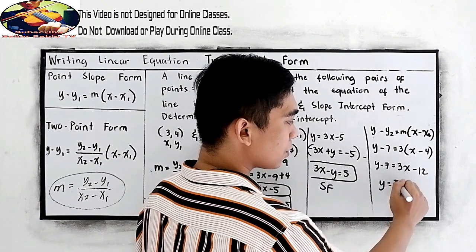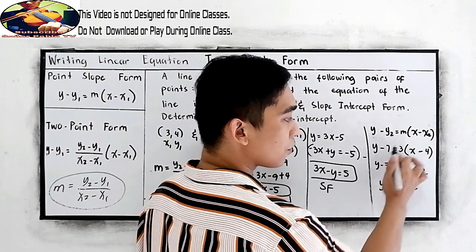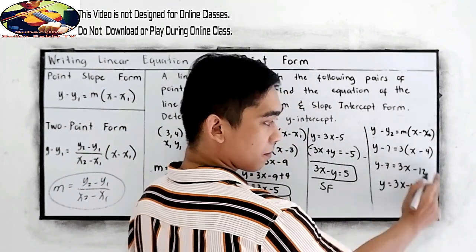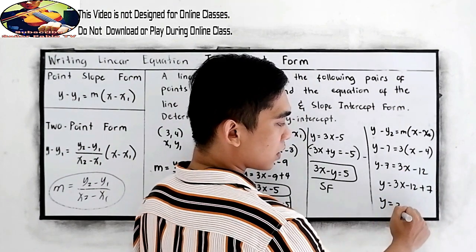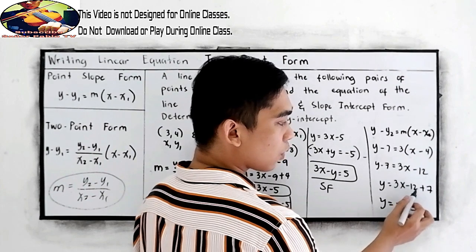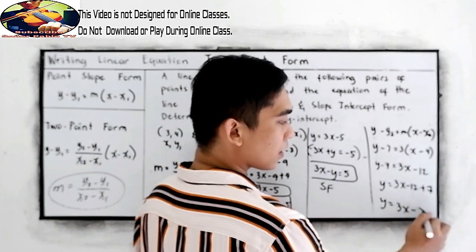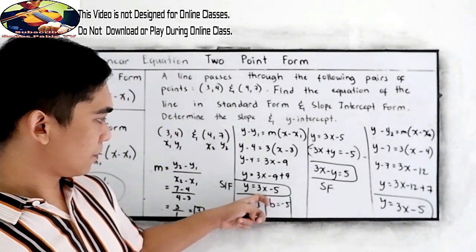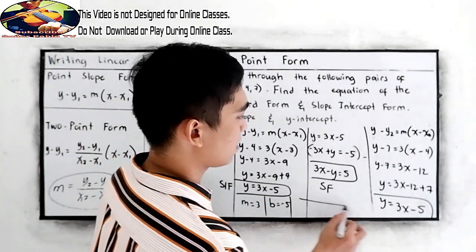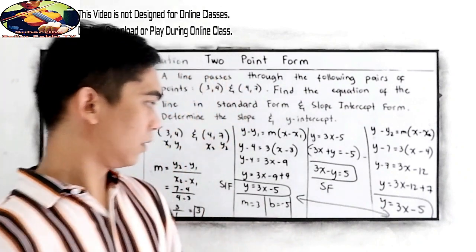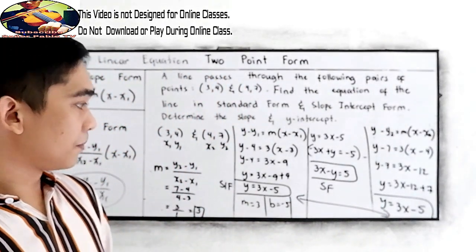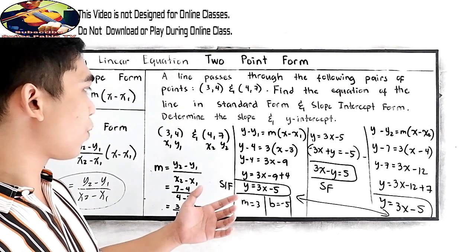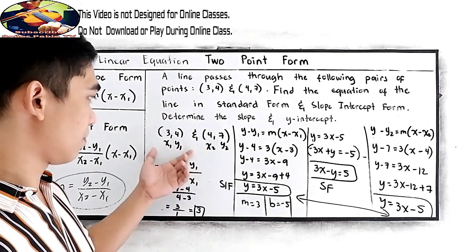Y is equal to 3x minus 12, move to the right, combine like terms, that will become positive 7. So y is equal to 3x, negative 12 plus 7, negative 5. Are they the same? Yes. They're the same. So it's okay whatever point you're going to use.